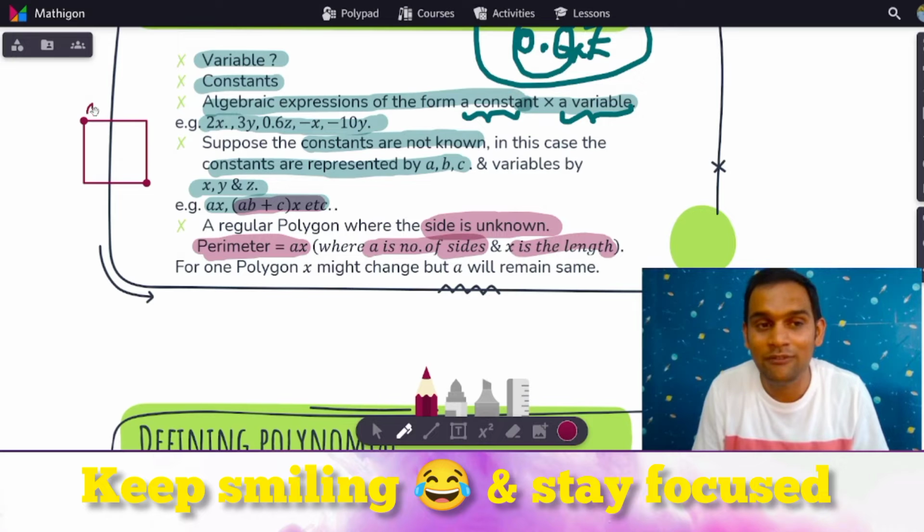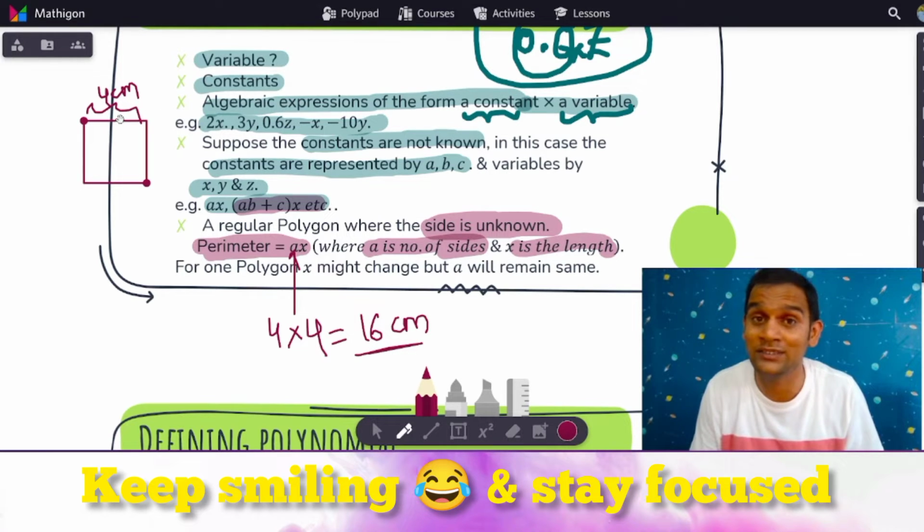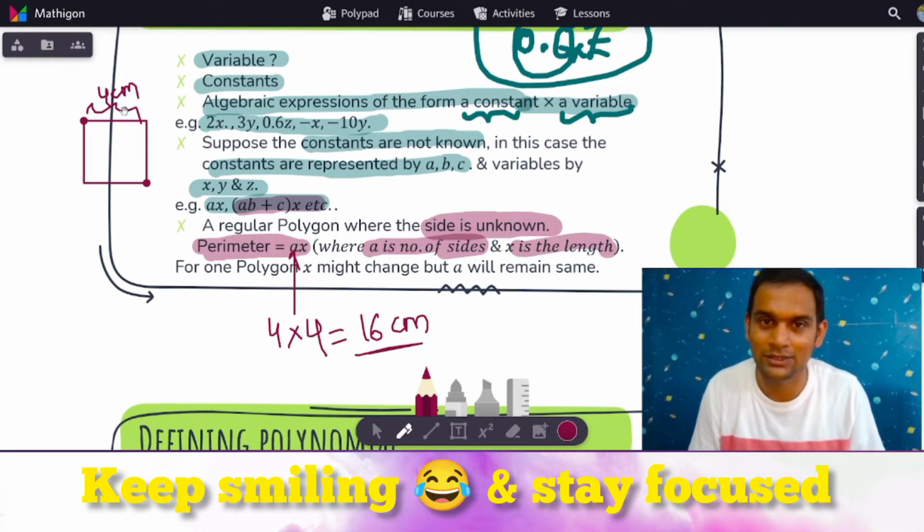If we know the value of X, that is the length, suppose 4 centimeters, and the value of A is 4, then 4 times 4 becomes 16 centimeters. That becomes your perimeter for this particular figure, a regular quadrilateral.